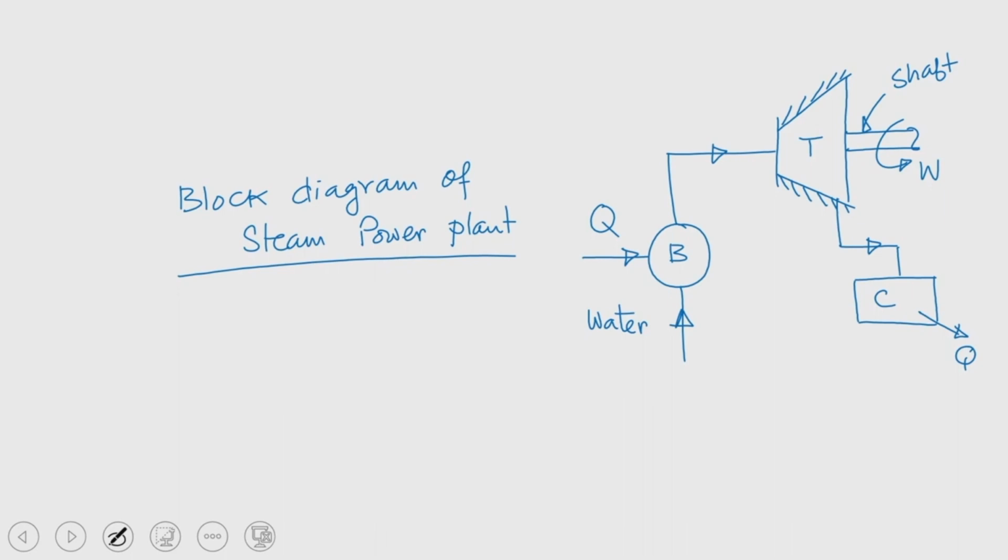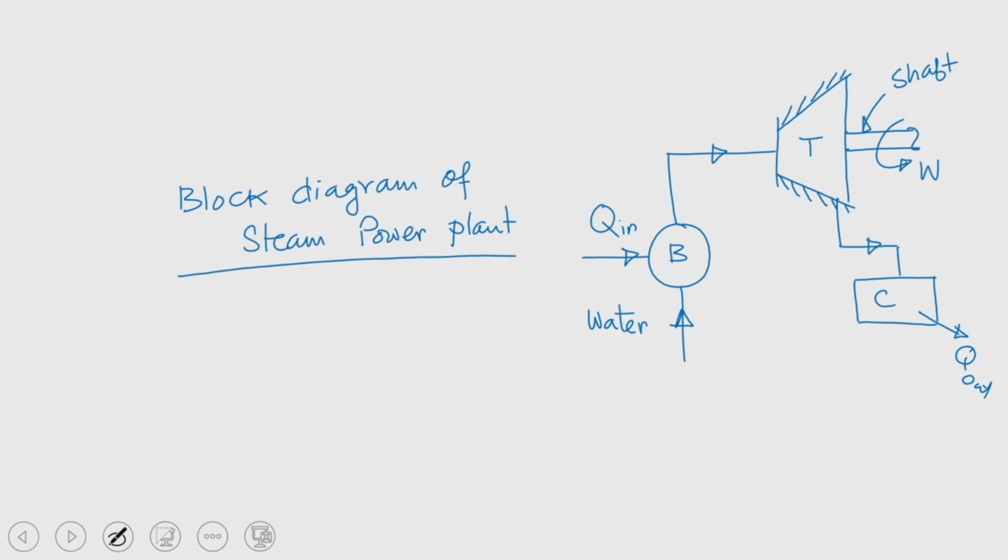If I call this Q in, that is heat added to the system, heat getting into the system, and this is Q out, that heat is coming out of the system or getting rejected.